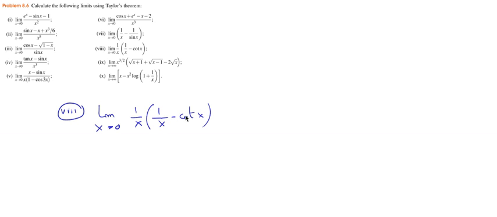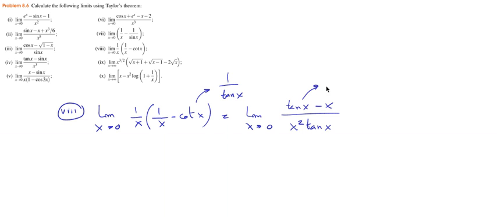Okay, so this is 1 over x times 1 over x minus the cotangent. The cotangent is 1 divided by the tangent, and using the same technique as we have used, let's express everything in the same fraction. So this is x squared times the tangent, and then you have here the tangent minus x, and the tangent is x plus 1/3 of x cubed plus small o of x cubed.